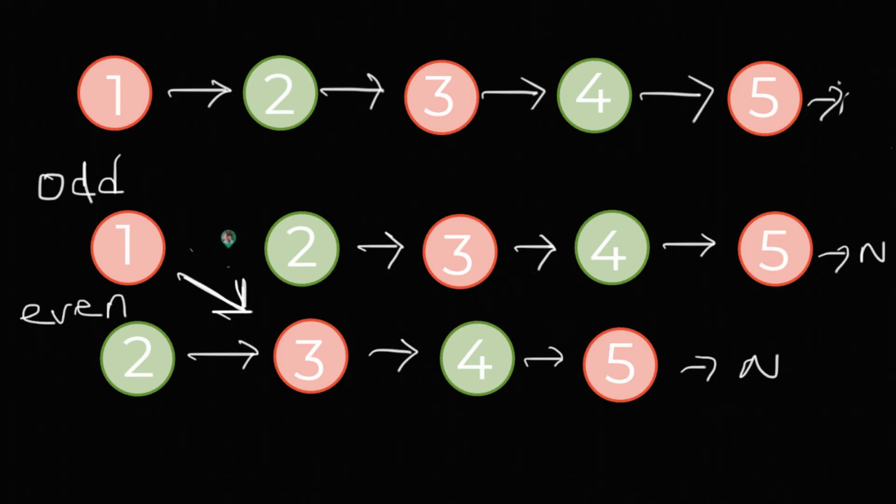Now we have to update which odd value we're going to next. Logically, the next odd value that we should go to is 3. So we're going to set odd to the new odd.next that we just updated. I think it's better if I just put something on top of them so we could keep track of which one's odd and which one's even. So I'm going to do O for odd and E for even.